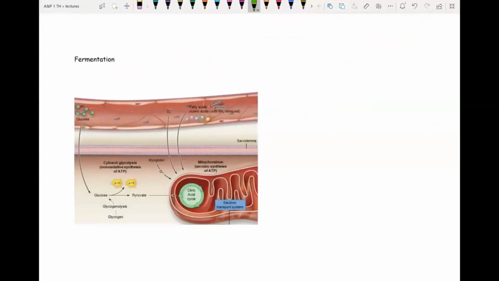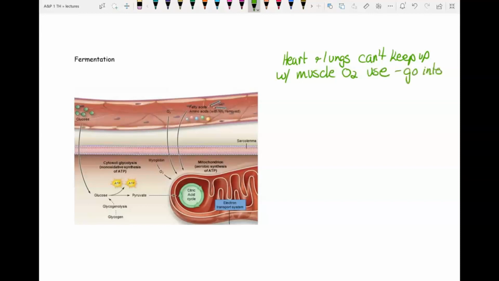Then our last one is fermentation. So everybody eventually will go into oxygen debt if you keep exercising. So fermentation is once your heart and lungs can't keep up with your muscles. So there's no more oxygen going to the mitochondria.